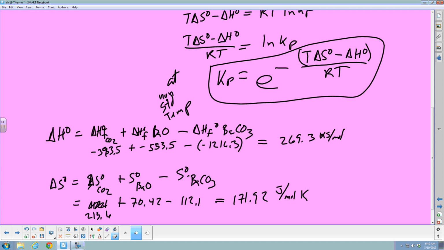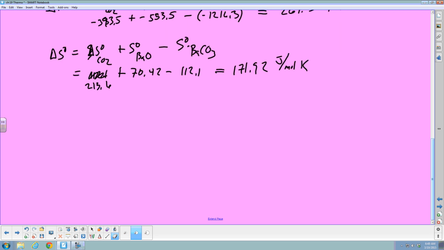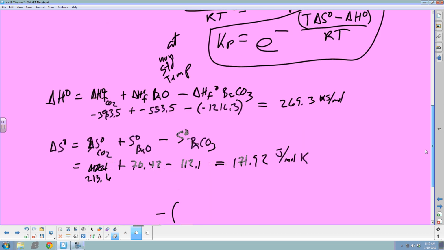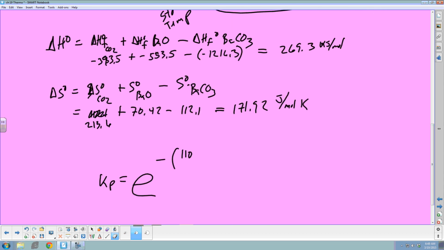All right, let's start plugging this into the equation up here. My Kp equals E to the negative, what do I need? T, delta S. T is 1100 Kelvin. Delta S is 171.92 joules per mole Kelvin, but I need to convert from joules to kilojoules, so 1 kilojoule per 1,000 joules.